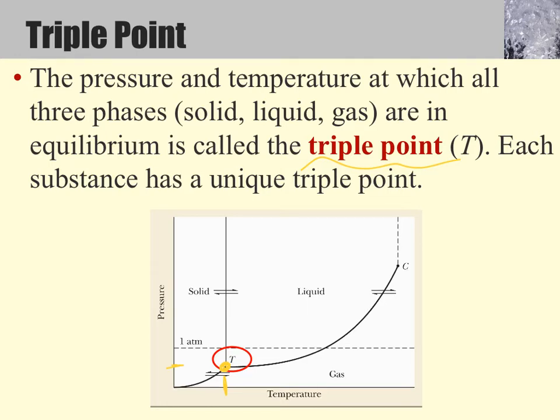So solid, liquid, and gas are all in equilibrium with one another. That's pretty cool to see. I used to do an experiment that allowed you to see the triple point of carbon dioxide. One thing I left out of the slide, but that I want you to know, is that the very tip of the vaporization line is called the critical point.